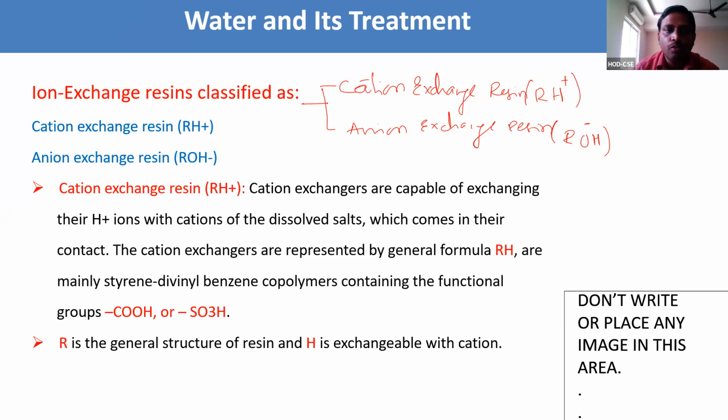Coming to the first one, what is cation exchange resin? It is represented with RH plus. These cation exchangers are capable of exchanging their H plus ions with cations of dissolved salts present in the water which comes in contact.